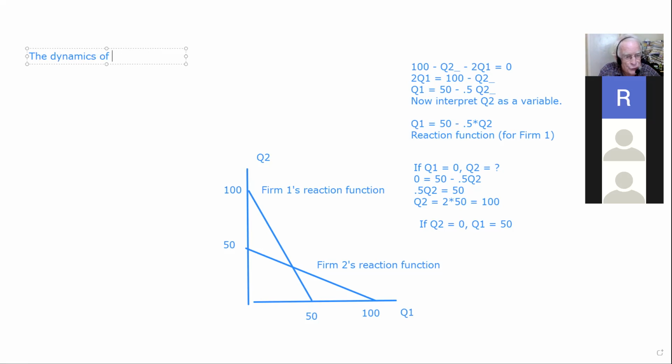So we can call these dynamics. Firm 1 begins the game, because this is truly a game between firms 1 and 2.